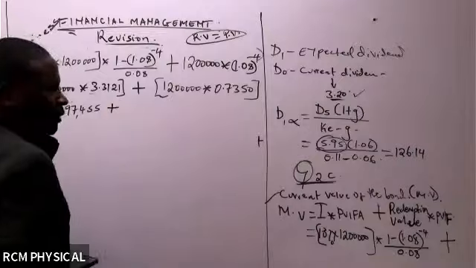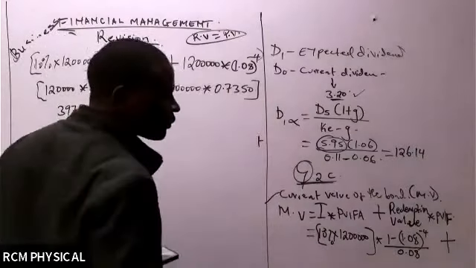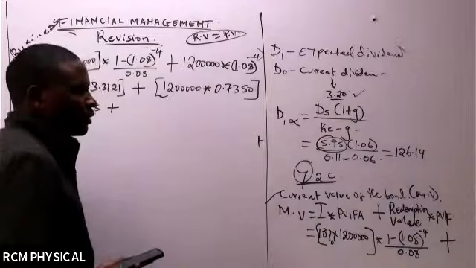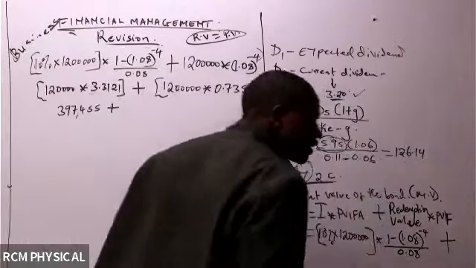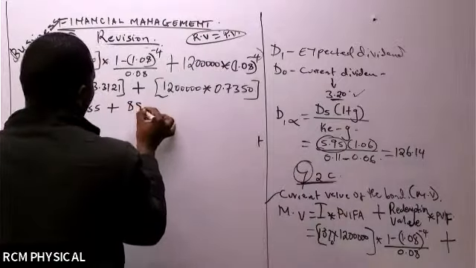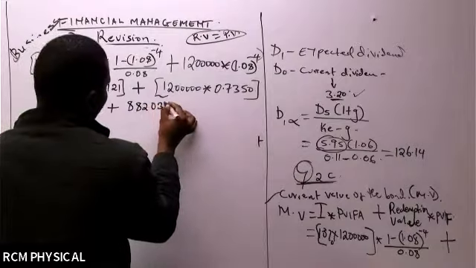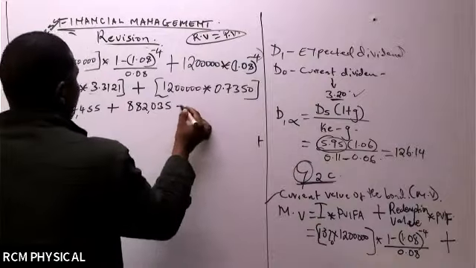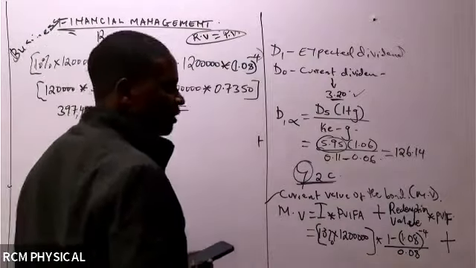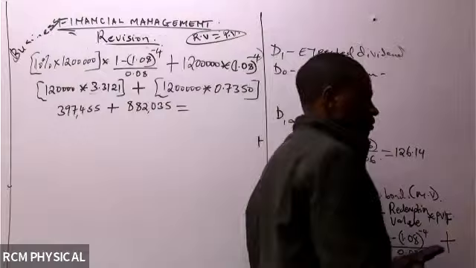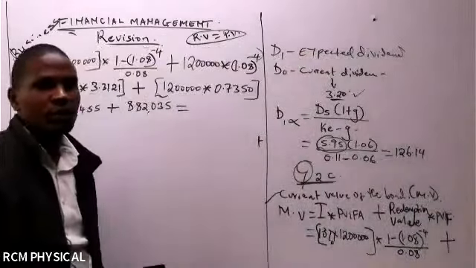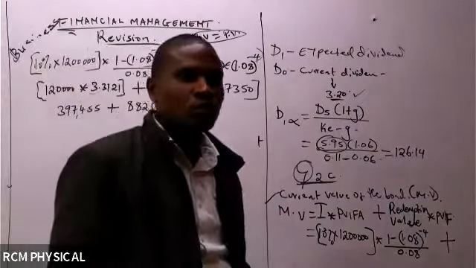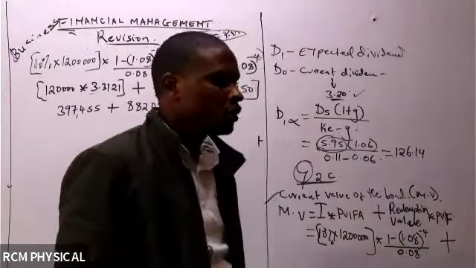Plus this, how much? 882,035. So what is the market value of the bond? The total market value of the bond.